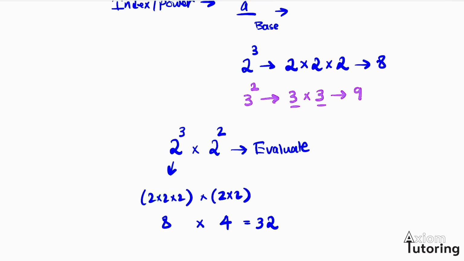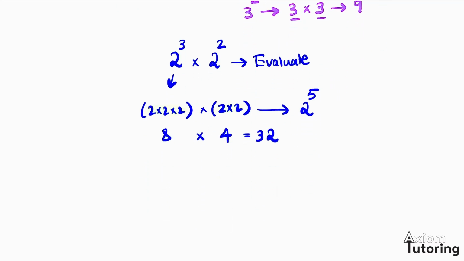Well, how many 2's do we have when we write this out the long way? We have 5 of them. 2 multiplied by itself 5 times is 2 to the power of 5. And that's our first rule.